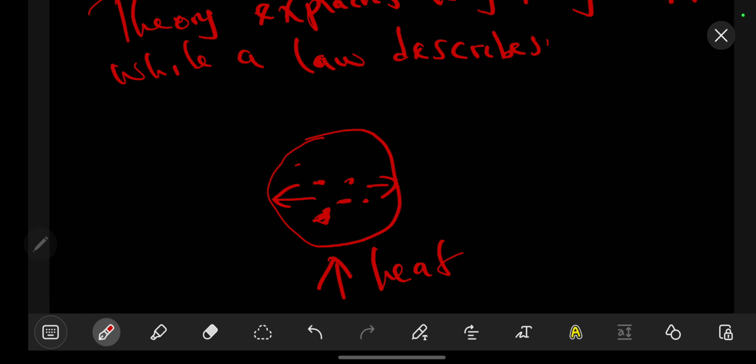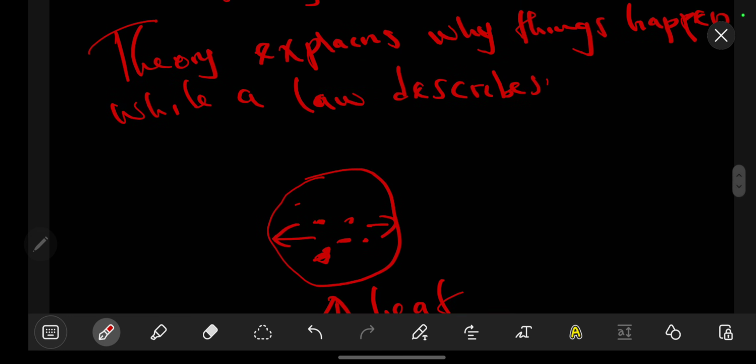However, under the theory, you will explain why it happens. As heat is applied, the particles gain kinetic energy, thereby moving vigorously and far apart. As a result, there is an increase in volume. So that is how the theory can be said.